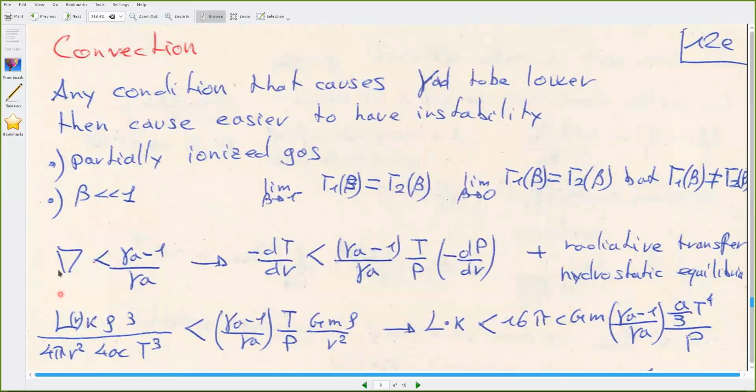So as I said, the logarithmic gradient of the temperature must be less than the adiabatic coefficient minus 1 divided by the coefficient.